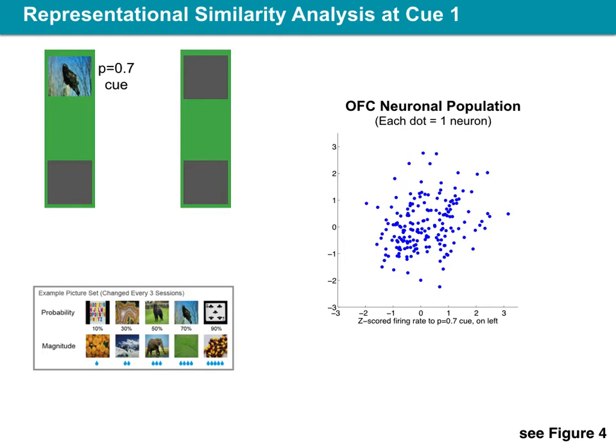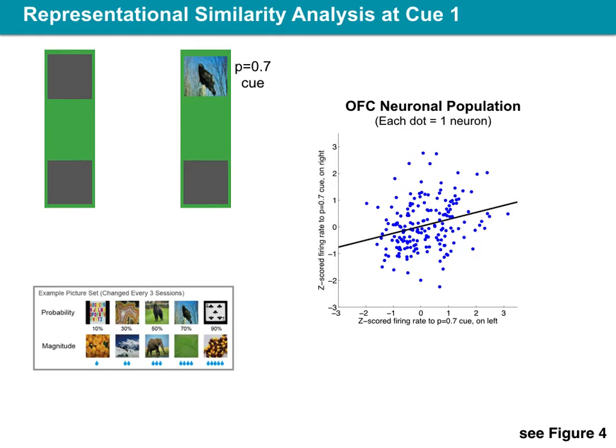So each dot here corresponds to one neuron. And we can then move to a different set of trials where the 0.7 probability Q is now going to be presented on the right-hand side of the screen rather than the left, so completely independent trials. And that's what we'll plot on the y-axis.